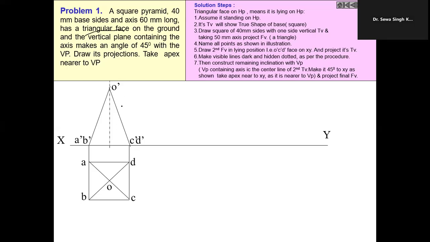So we will redraw this solid, keeping one of the edges on the XY line. The solid has been redrawn, keeping OCD on the XY line. It means now the pyramid is resting in HP on its triangular face. Then project it to the top view.